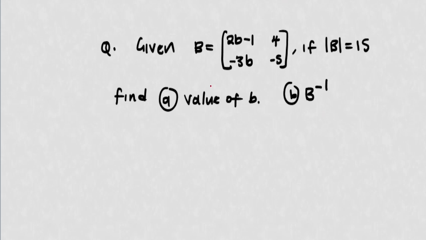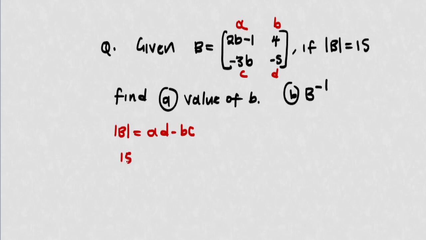You're going to agree with me that this part will represent A, this one B, this one C, that one D. So if they've already given us the determinant, and we know the determinant of a matrix is given by AD minus BC, and they've told us the determinant is 15.